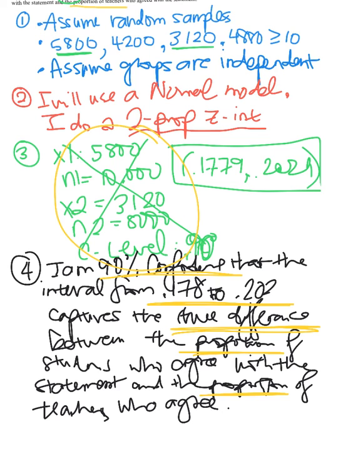So in my statement, I start with talking about the proportion of students, and then I talk about the proportion of teachers. So the general guideline would be I am blank % confident that the interval from blank to blank captures the true difference between the proportion of blank, group 1, and the proportion of blank, your second group. All right, so that is how you do it.